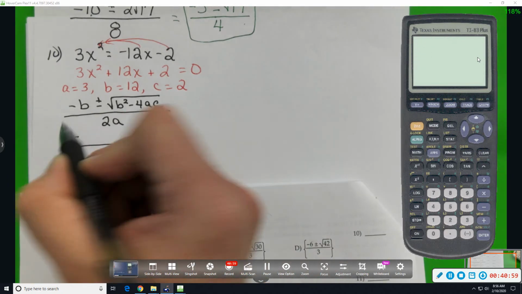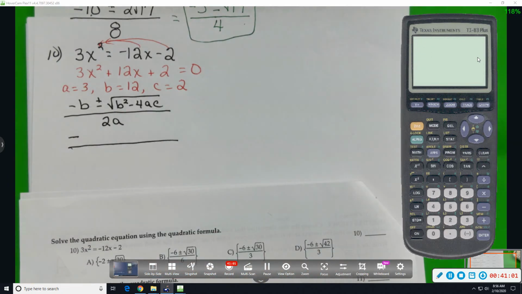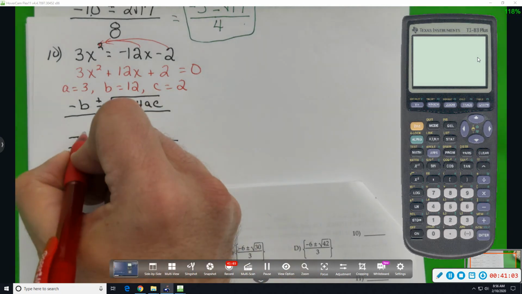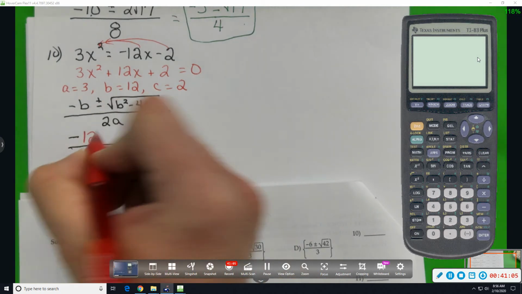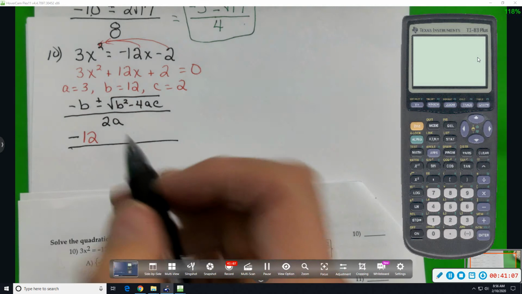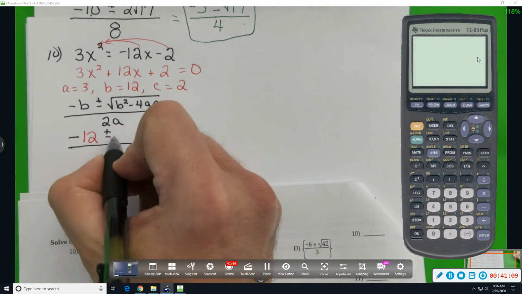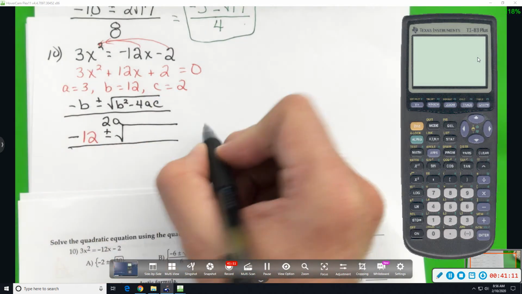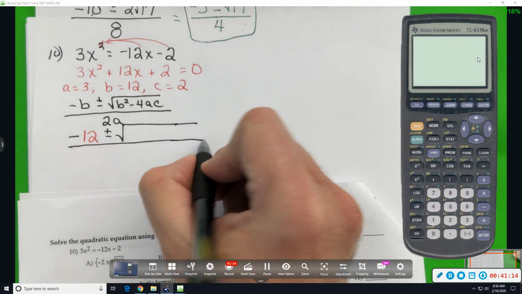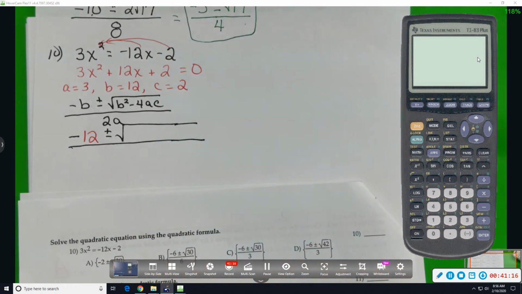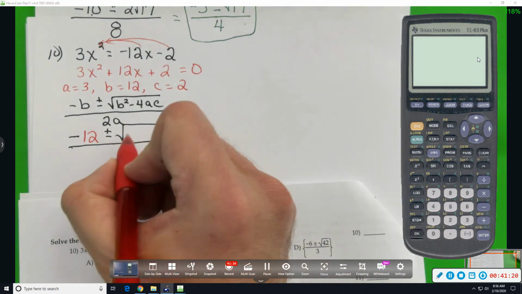Negative. In place of the B, I'm going to put a red 12. Plus minus the square root of B squared. Punching into the calculator, 12 times 12, if you don't remember, it's 144.